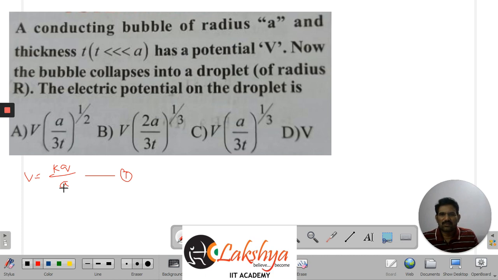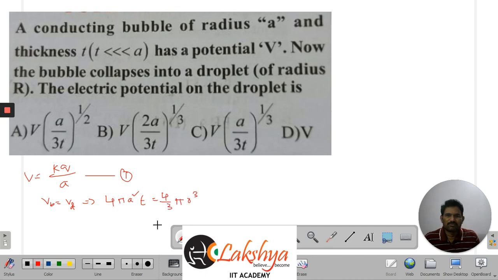Now when it is collapsing, we need to find the radius of this drop. To find the radius of the drop, we equate the volumes. So the volume of this bubble is equal to the volume of this drop. That implies we can write the volume of this bubble as 4 pi a square, this is the surface area, into thickness, T is the thickness given there. And this is equal to the volume of the drop, that is 4 by 3 pi r cube.